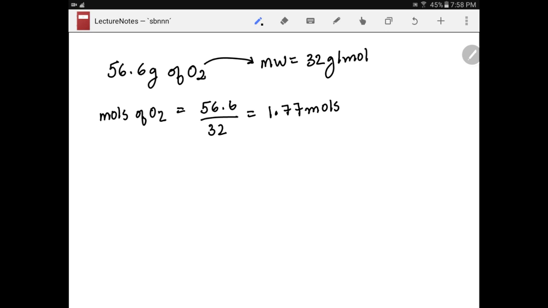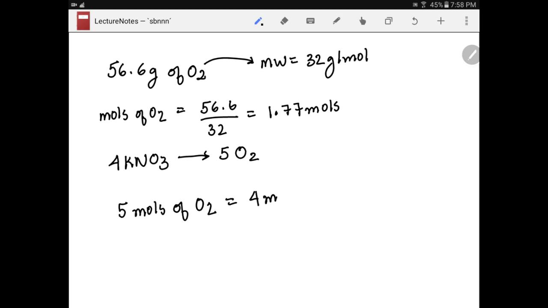If we look at the ratios from the reaction before, we find that 4 potassium nitrates produce 5 oxygens. So looking at the ratios, 5 times the moles of oxygen will equal 4 times the moles of potassium nitrate.